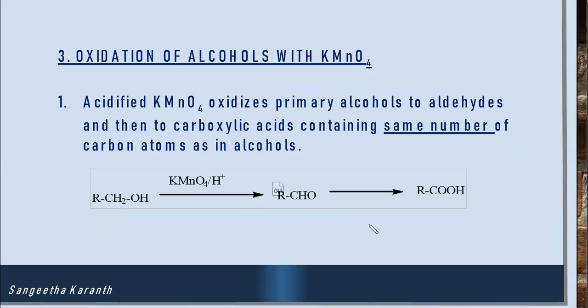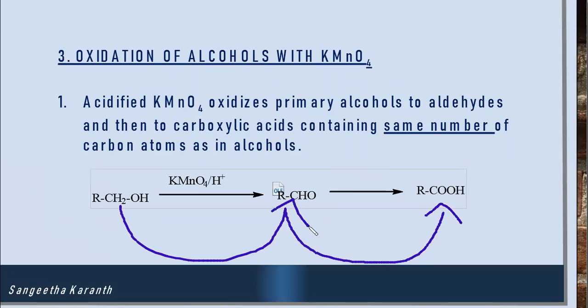Next is oxidation of alcohols with KMnO4. So acidified KMnO4 acts as a very good oxidizing agent. So we know that alcohols will get converted to aldehydes or ketones on oxidation, which will get further oxidized to respective acids.